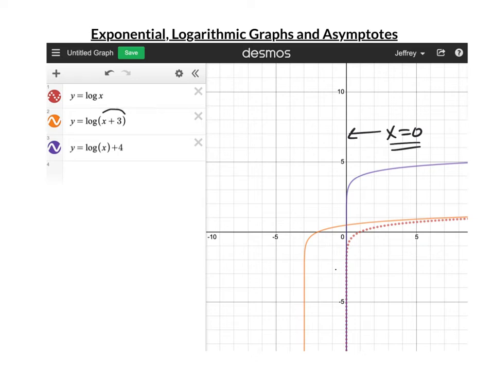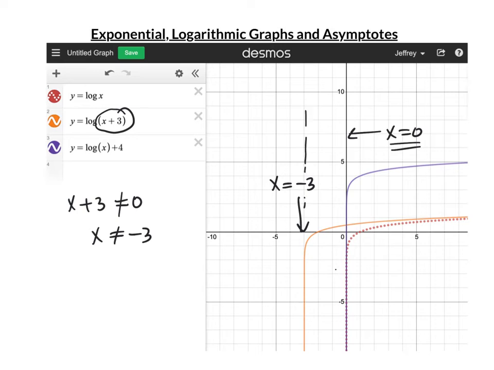That means when I look at this, x plus 3, I know that x plus 3 cannot be 0, and x cannot be -3. That would be this one right here, where the asymptote is actually x equals -3, that vertical line that goes up and down there.